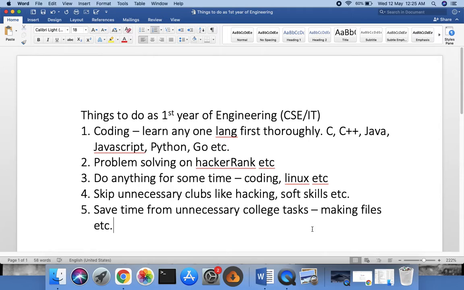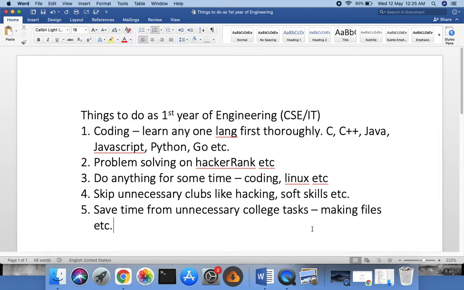So the first thing is coding. If you have joined computer science branch, then it is very important that you should have a very good knowledge of coding. And if you are actually interested in becoming a software developer, getting a software developer job after your college, then you should learn any one language.